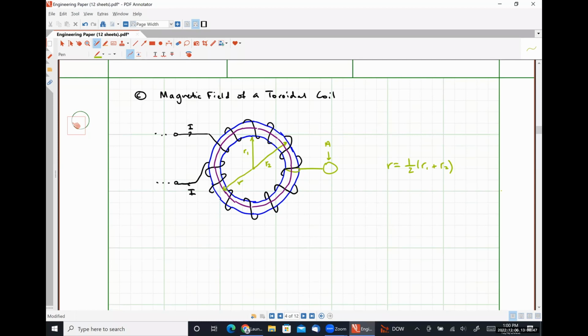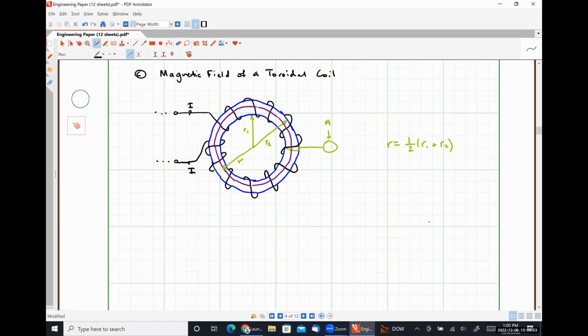So if there are N turns of wire wrapped around the core, we can apply Ampere's law and find that H dot dL will be equal to H times 2 pi R, which is equal to Ni, the current enclosed by our contour.